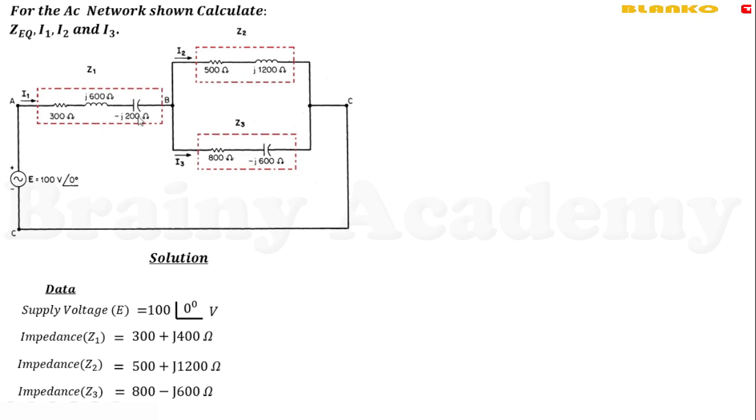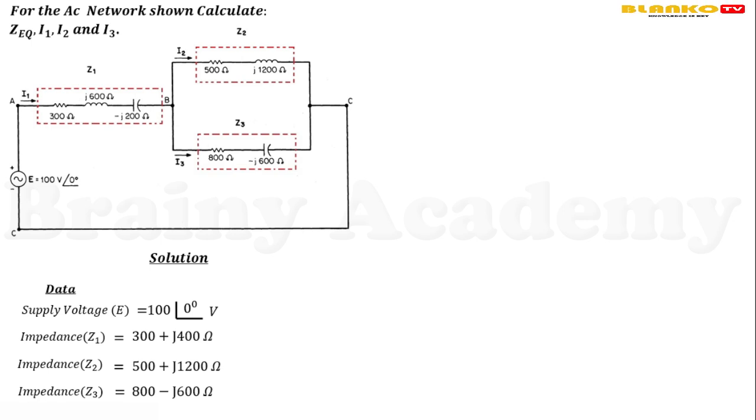So we subtract the capacitive reactance from the inductive reactance, that is 200 from 600, which will be 400. That is the reason why in our data the impedance Z1 is 300 plus J400 ohms. I hope you understand.